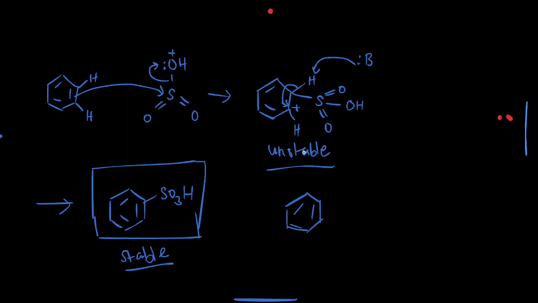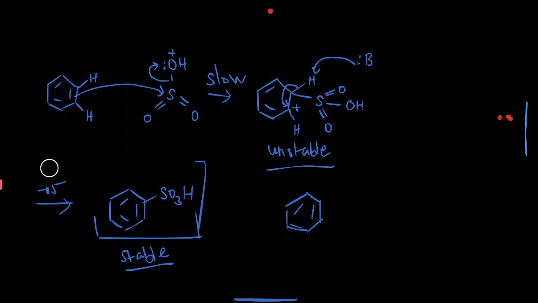And so we can see that this is going to occur very quickly. So the slow step of this reaction is going to be the formation of this intermediate, because it's very energetically demanding, since this is an unfavorable state to be in. But then going from this intermediate to our product, the benzene sulfonic acid, is going to occur very quickly. So this is going to be a fast step, and this is going to be slow.